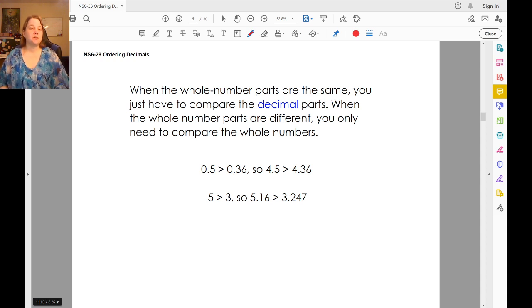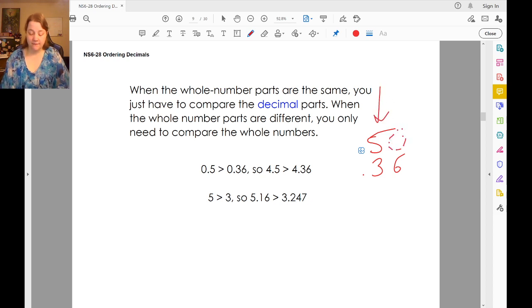The decimal parts. So if I have 0.5 compared to 0.36, I can see by putting in that invisible 0 that 50 is bigger than 36, or 5/10 is bigger than 36 hundredths.